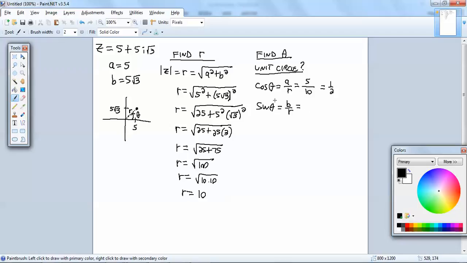Now b was 5 square root of 3 over r, which is 10, and that gives us square root of 3 over 2. So we're looking at our unit circle for a point that's 1/2 and square root of 3 over 2.